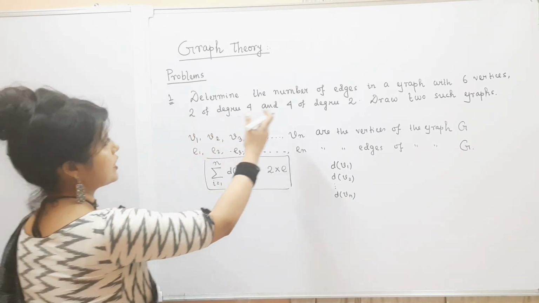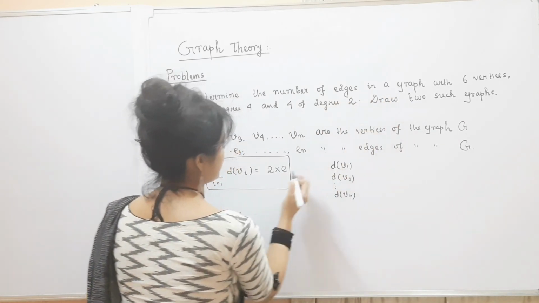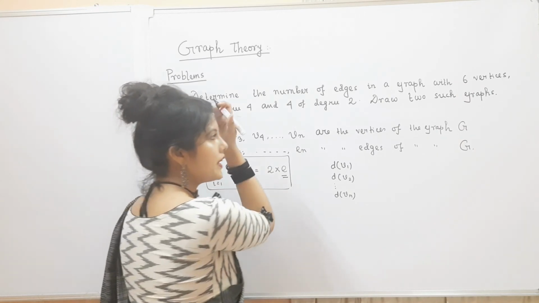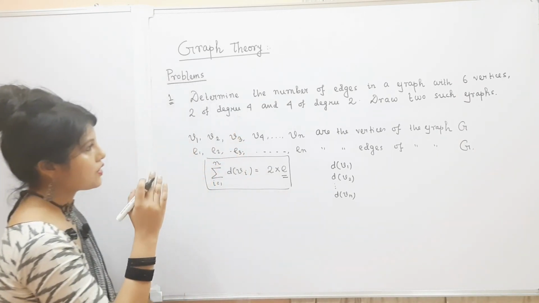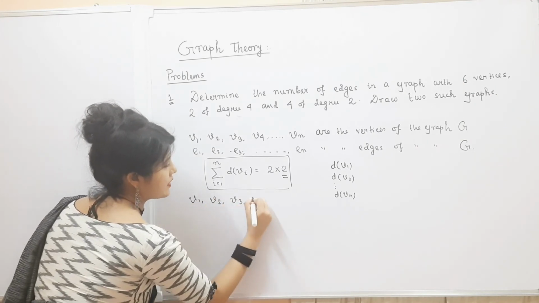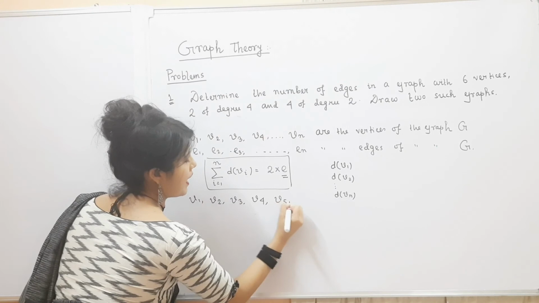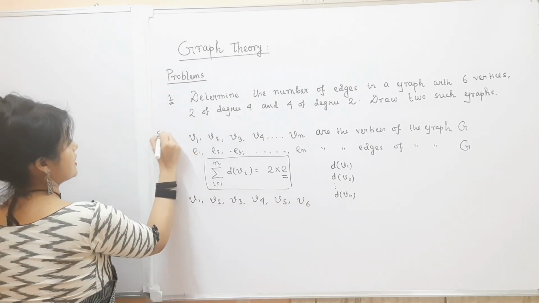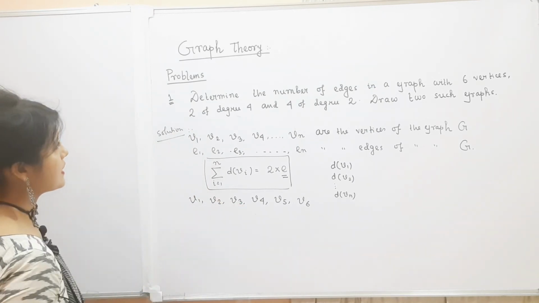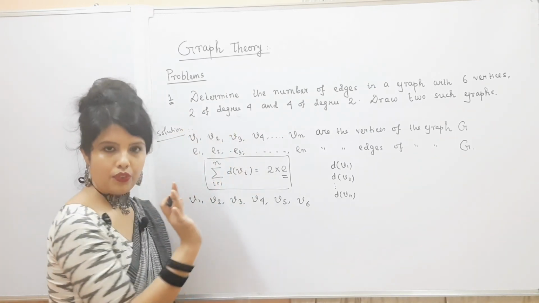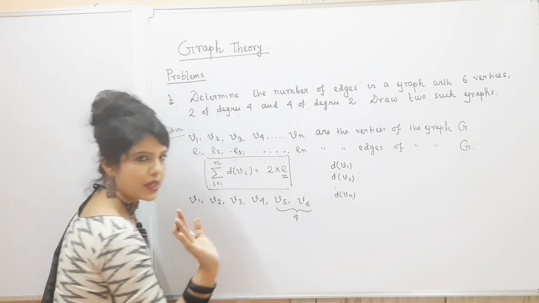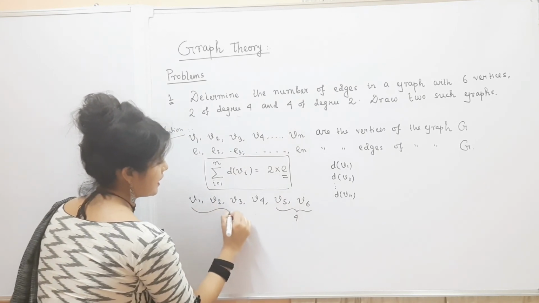Our problem is based on this theory. You have to determine the number of edges, that is E, in a graph with 6 vertices. It is already given that there are 6 vertices, that is V1, V2, V3, V4, V5 and V6. So this is the actual solution. There are 6 vertices, 2 of degree 4, suppose, and 4 of degree 2.